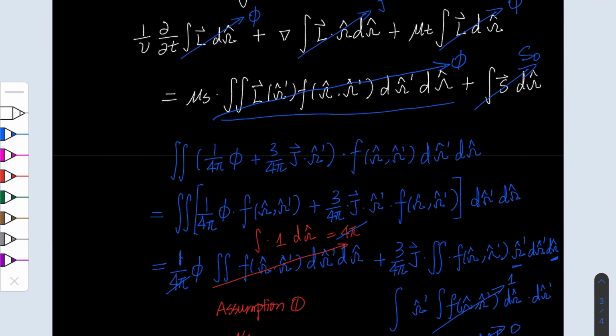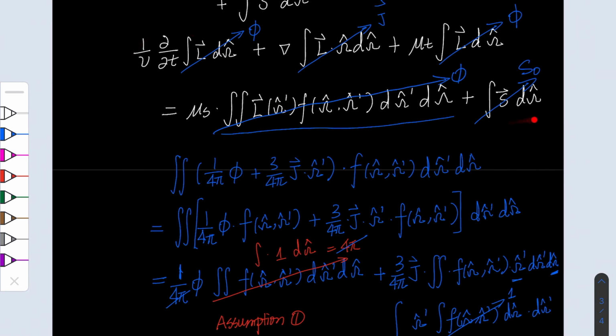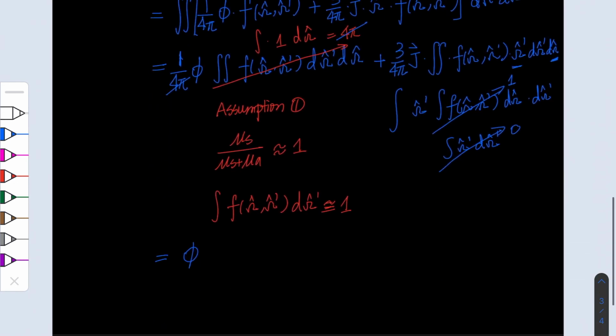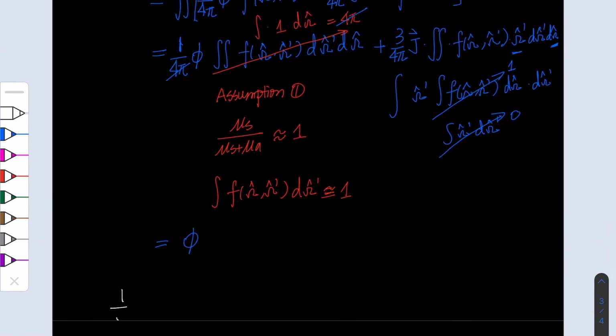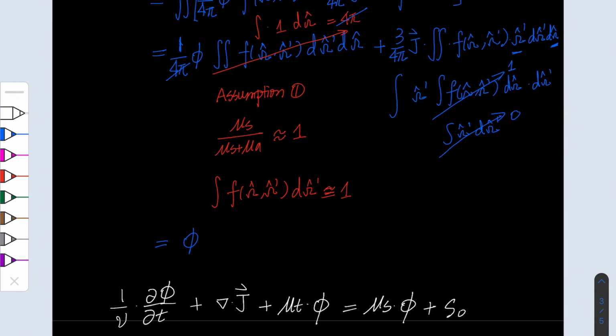Let's reorganize this equation and see how it looks. That should be 1 over v times the derivative of phi over t plus the gradient of j plus mu t times phi equals mu s times phi plus s0.